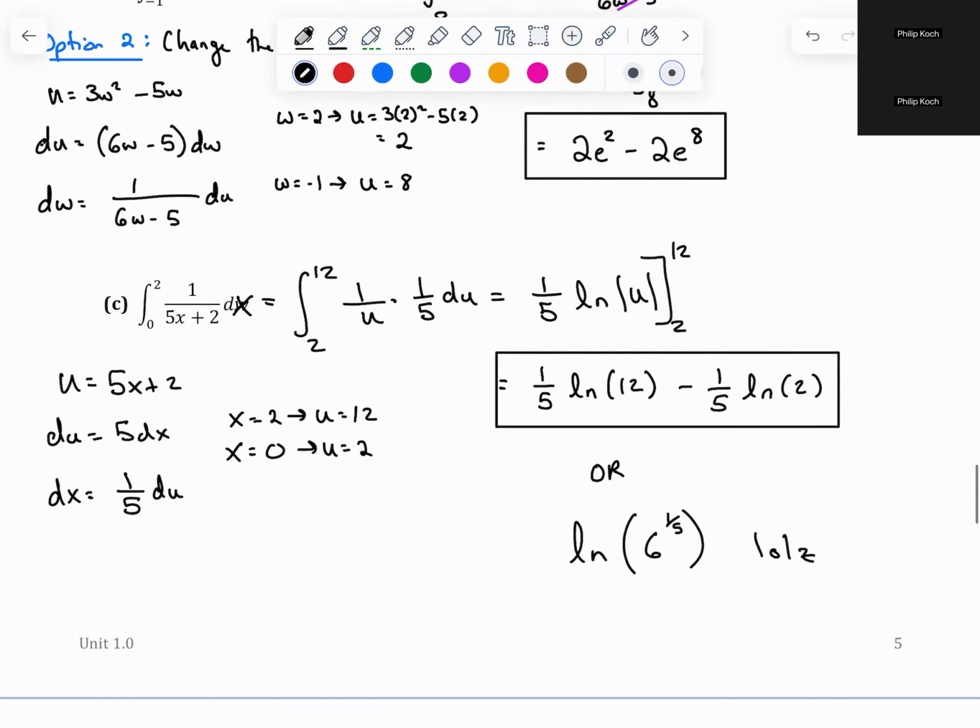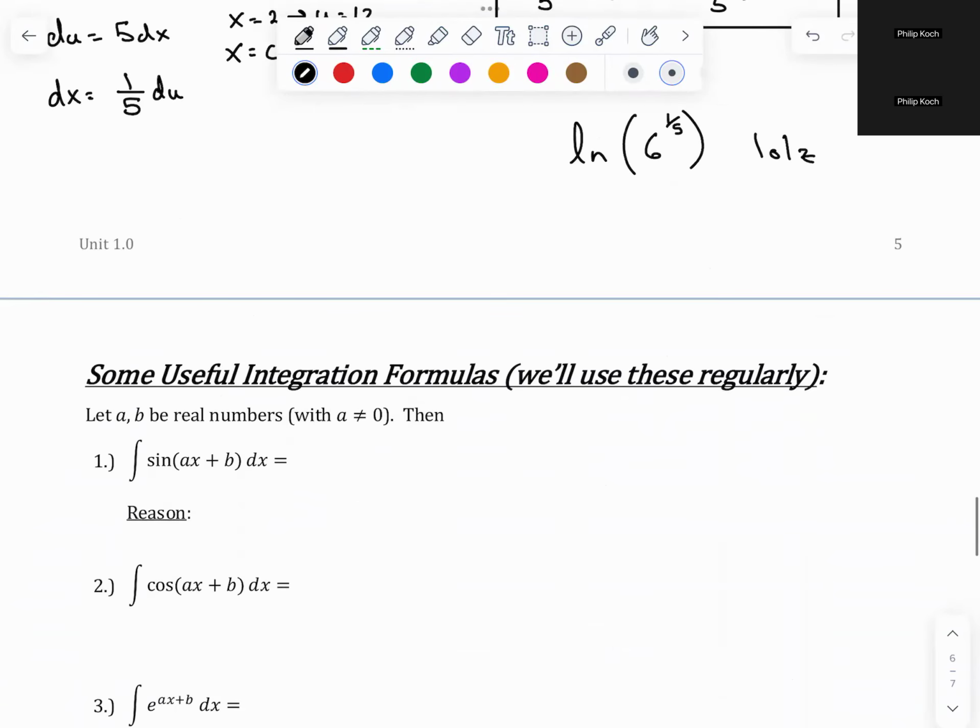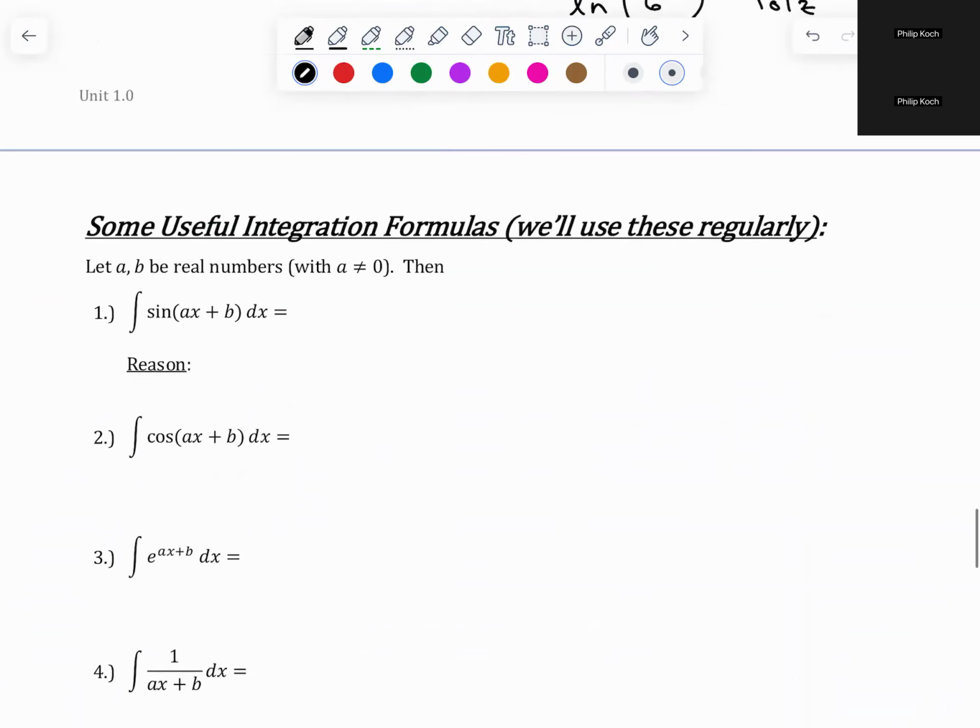Okie dokie. So these ones, I need you to know that you can do these ones, and you can do them quickly. If you ever have a linear term inside of a function that we know the integral of, so we know the antiderivative of sine, cosine, e, and 1 over x, and you replace the x with a linear term, ax plus b, you can do these integrals very quick.